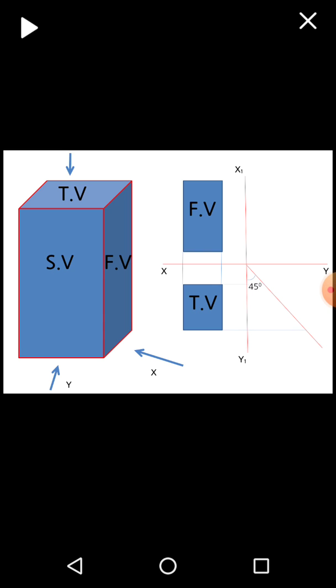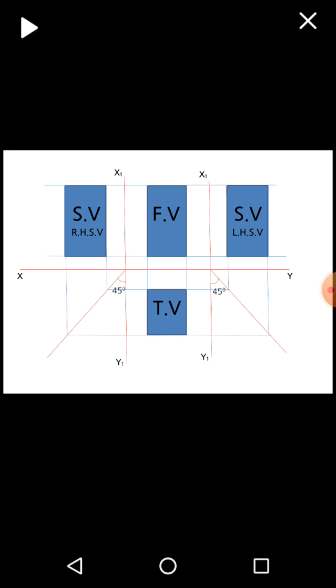Then we'll take the projection from the top view on this 45 degree inclined line. Then from the point of intersection of the 45 degree inclined line and the projection from the top view, we'll take the projections vertically upward. Then we'll take the projection parallel to the xy line from the front view. Then we'll get the block for the side view. That side view is nothing but the left hand side view. So this is the representation for orthographic projection for this block.